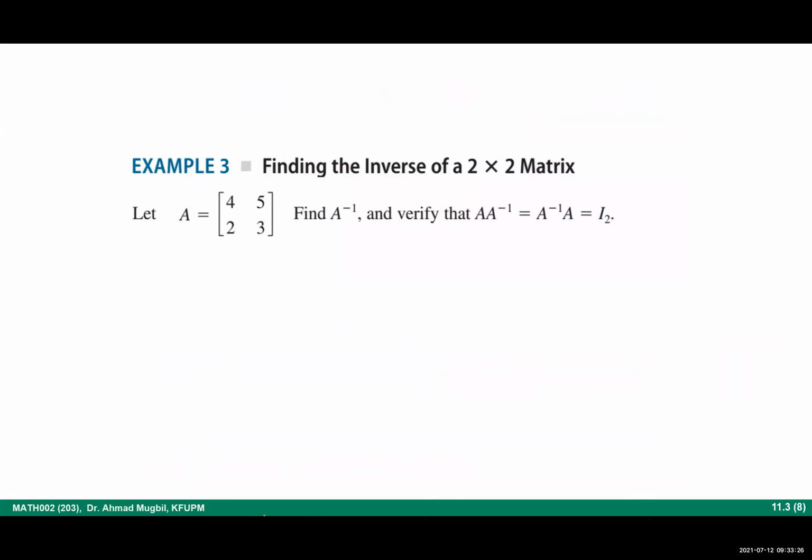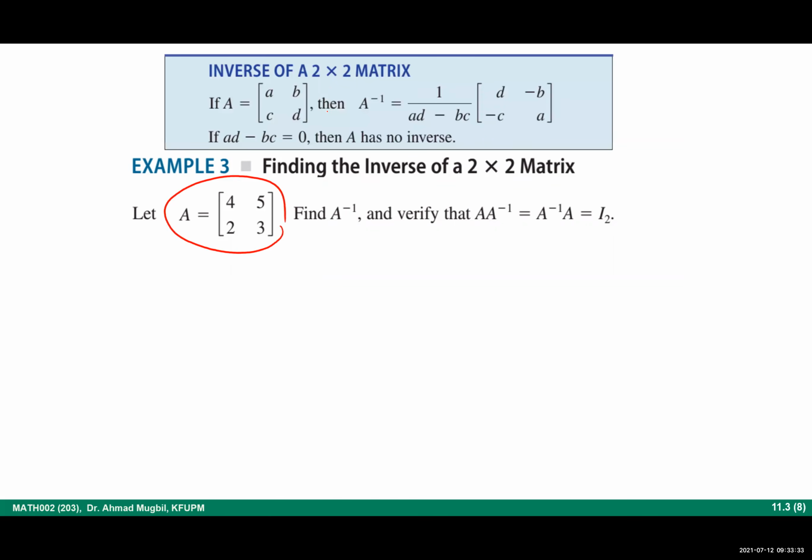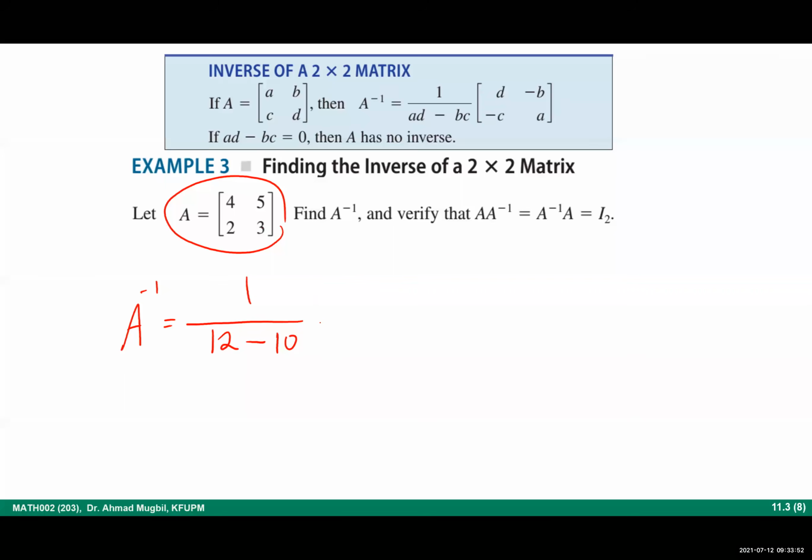Let's see now how to find the inverse of a 2 by 2 matrix for this 2 by 2 matrix. How to do that, ya shabab? Please, ya shabab, you have to know how to find the inverse of a 2 by 2 because it is so easy and so clear. So to find the inverse here, I will just say 1 over 3 times 4 minus 2 times 5, which is 10. And here I will interchange the entries of the main diagonal. 3 will take the place of 4 and 4 will take the place of 3.